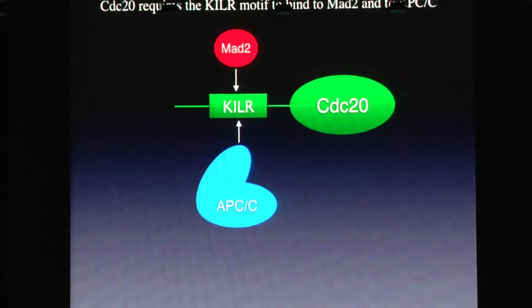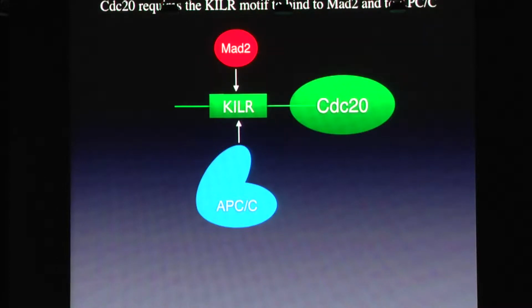So CDC20 binding is mutually exclusive between MAD2 and the APC. So if you're going to turn the checkpoint back on again and turn off the active APC, you would have to dissociate the CDC20 and bind it back to MAD2, and that's supposed to happen at unattached kinetochores.